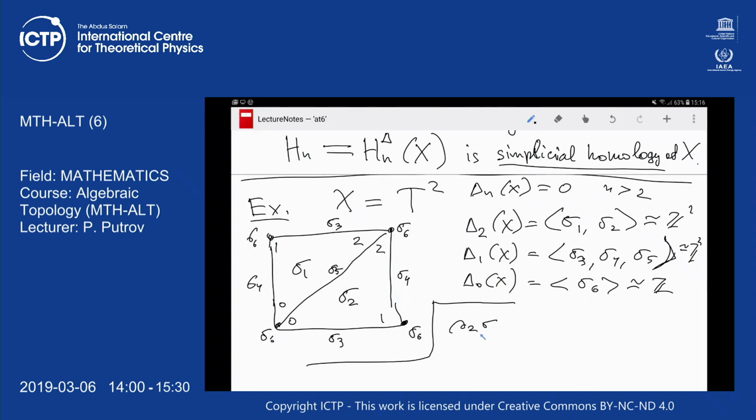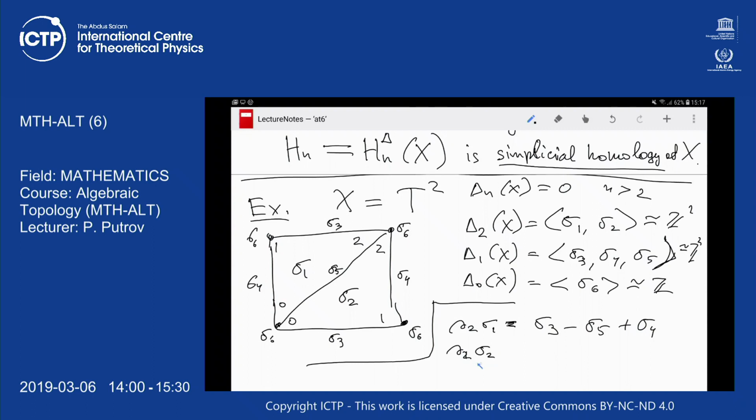For example, how delta 2 acts on sigma 1. We consider sigma 1, and we start removing vertices. If we remove vertex 0, we end up with sigma 3. If we remove vertex 1, we end up with sigma 5, and the sign is alternating. If we remove vertex 2, we end up with sigma 4.